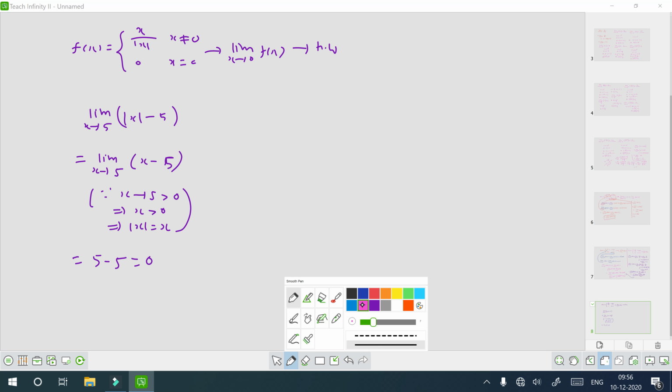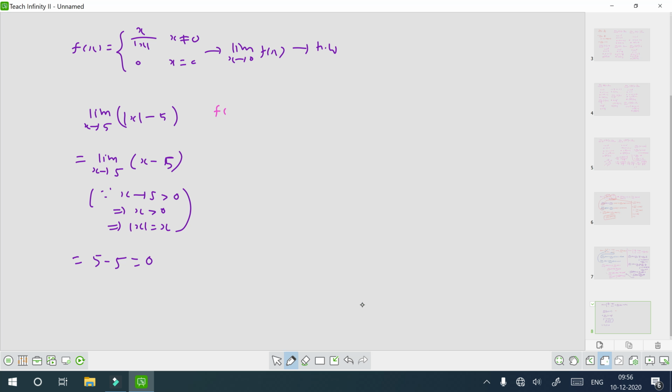Next, see, f of x is equal to, a very interesting sum, a plus bx for x less than 1, 4 for x is equal to 1, and b minus ax for x greater than 1.